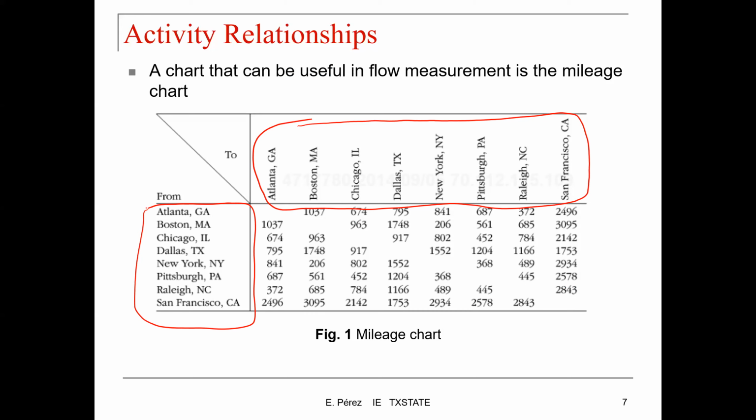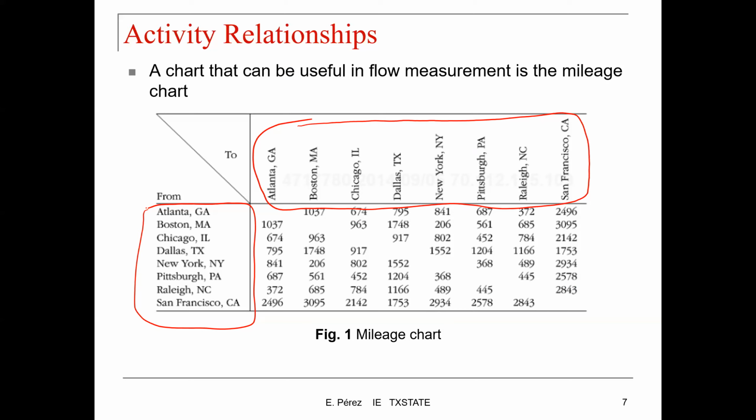Like if you have a supplier in one of those cities and you want to send some of your product to any of the other cities, you can take into account distance, because the shorter the distance, the less fuel or the less time. So you can save from those two perspectives.